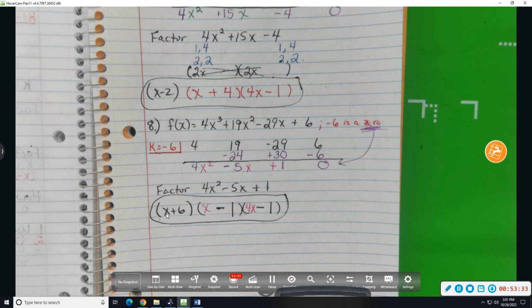And if you didn't trust us, you could just sit here, FOIL out that x plus 6 times x minus 1, combine like terms, then distribute a 4x over everything, distribute a negative 1 over everything, combine like terms, you should get back 4x cubed plus 19x squared minus 29x plus 6. Okay, let's type that in.